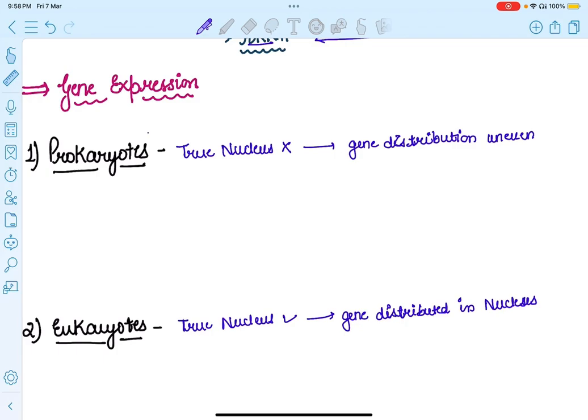That means the prokaryotes have simple gene expression, while the eukaryotes have more complex gene expression.